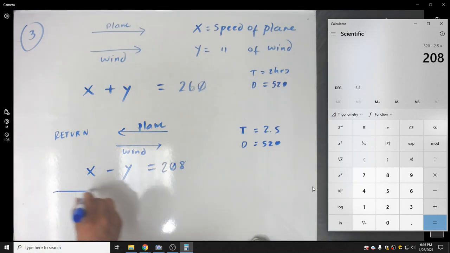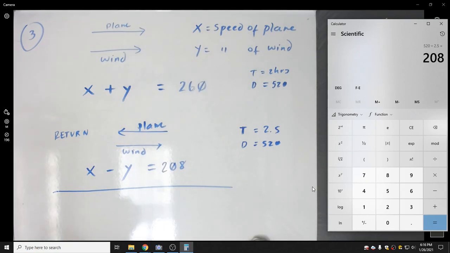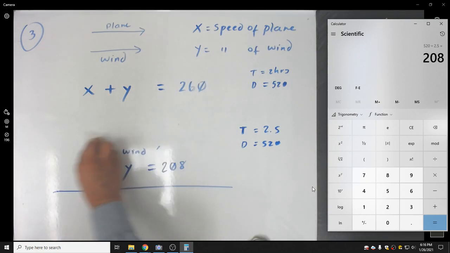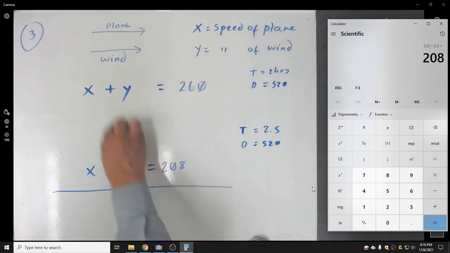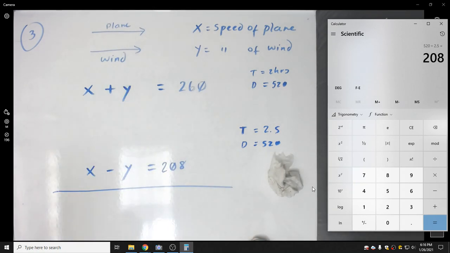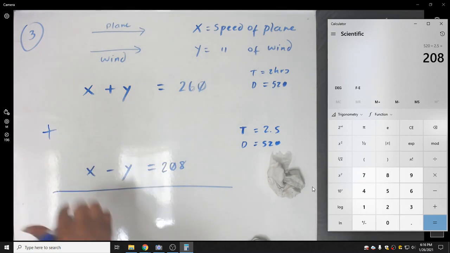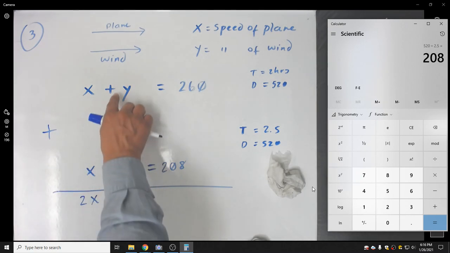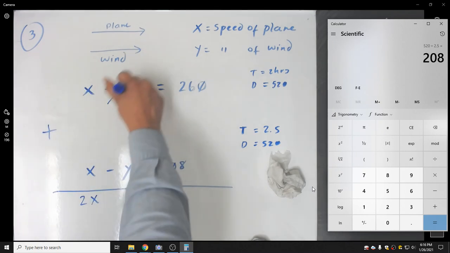This one now we will use elimination. Observe that if we add the two equations, we will get rid of the y variable. So we eliminate y by adding the two equations. x plus x, 2x. y plus negative y, they cancel.